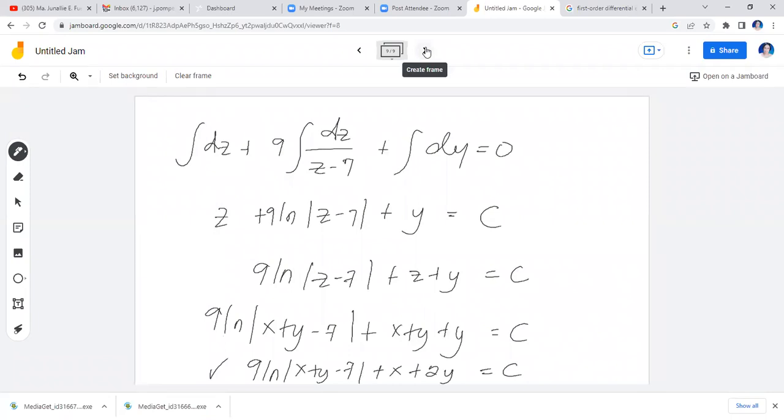This is the 9th topic under first order differential equations. As to types of first order DE, we have separable, homogeneous, exact, linear, Bernoulli, and this is the 6th, coefficient linear in two variables.